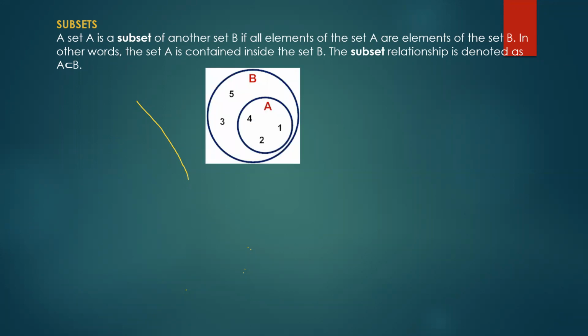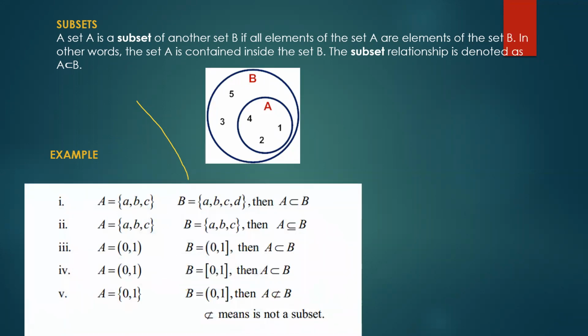That's why I'm not even taking long. These are examples of subsets. I'm going to send you these slides so that you can go through at your own time in case you've forgotten.